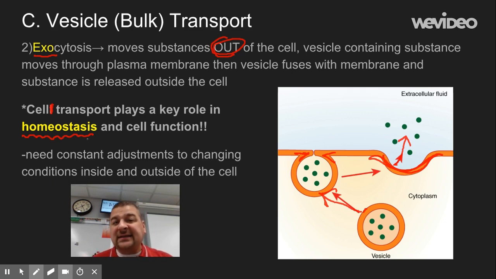The complexity we find in living things, part of maintaining that function, maintaining that homeostasis, is being able to move things in and out of the cell. Getting things in that we need and releasing things, or getting rid of waste. These constant adjustments are very necessary in order to keep that cell alive.